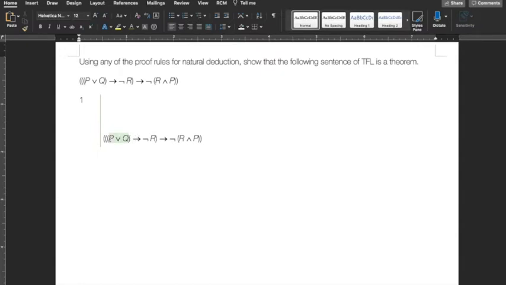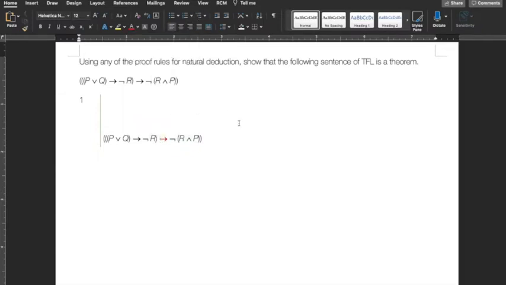But here we have an or that links two simple statements, P and Q. And then that seems to be the antecedent for this conditional, which has not R as its consequent. And that all falls within these parentheses. And that's the antecedent to this conditional. And this negated conjunction is in the consequent. So this is our main connective.